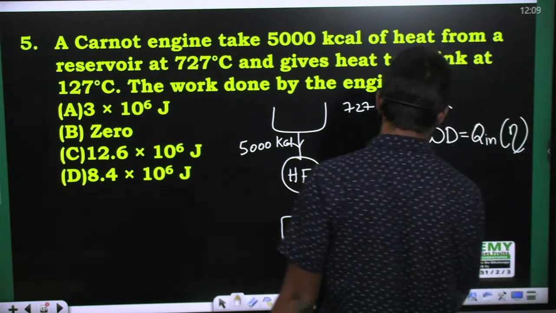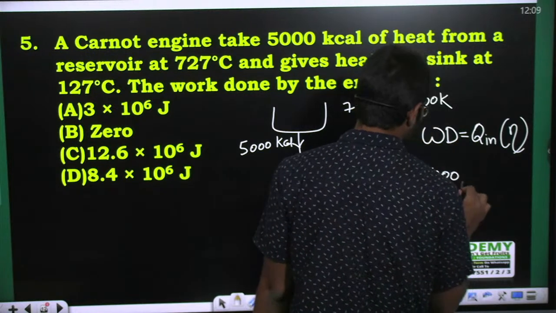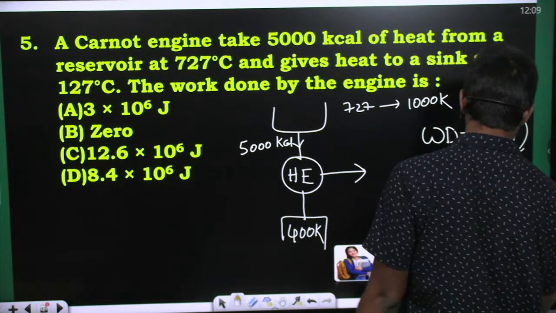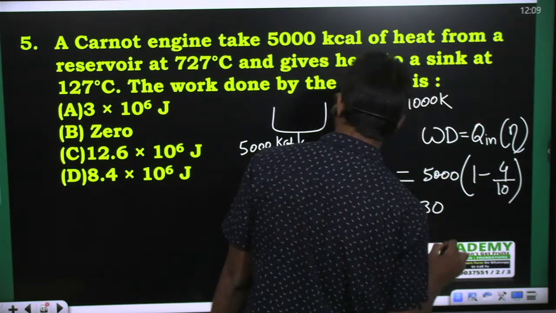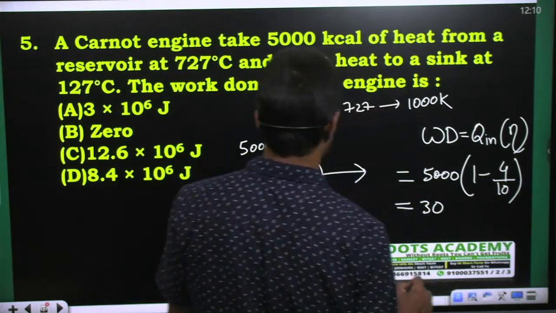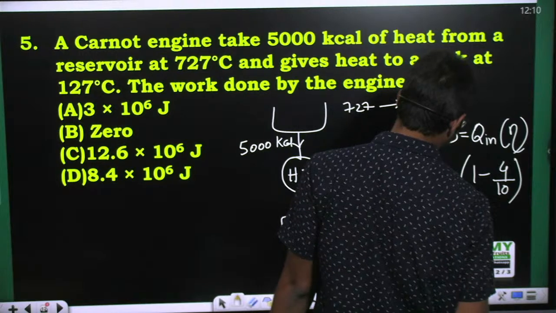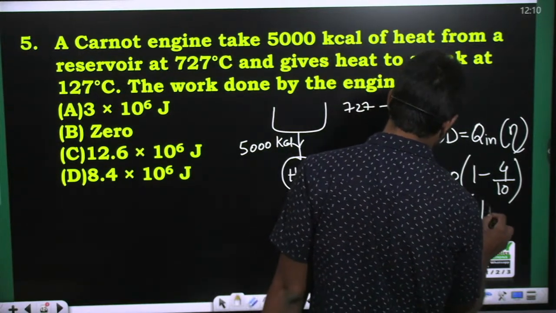What is Q in? 5000 into 1 minus T2 by T1, 4 by 10. So what do we get? We get 3000 kilocalories.